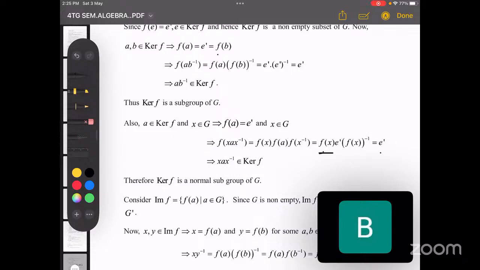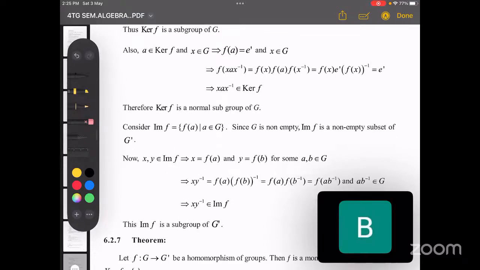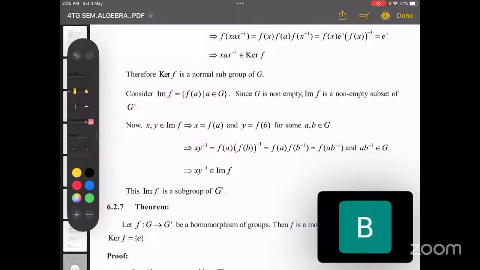Compulsorily you should know the definition of subgroup and also normal subgroup. Then only you can prove these theorems. And the second part is that you have to show that the image of f equals f of a such that a belongs to G. This is the definition of image of f. You have to show that it is a subgroup. Subgroup means we have to show ab inverse belongs to image of f.